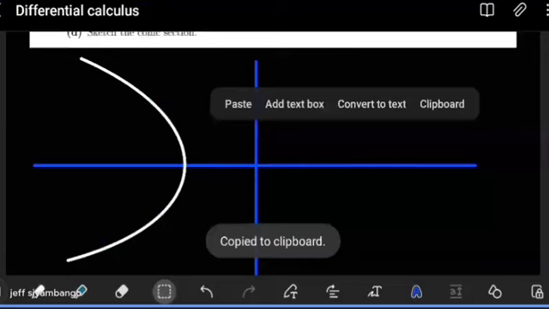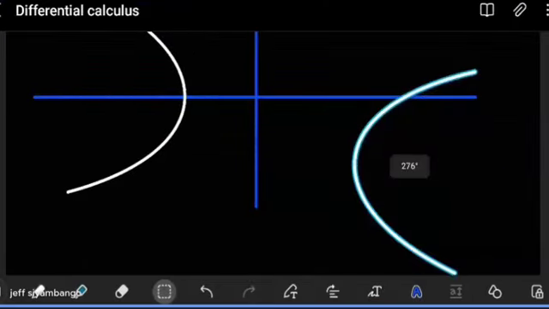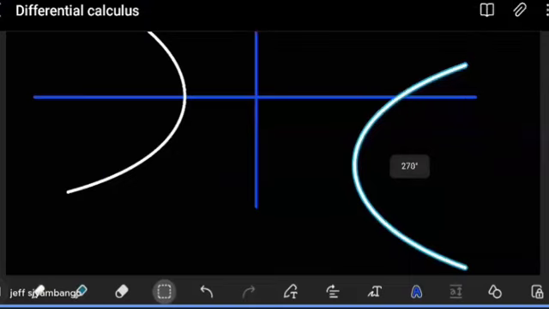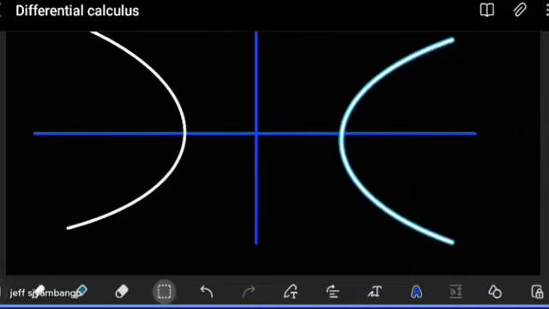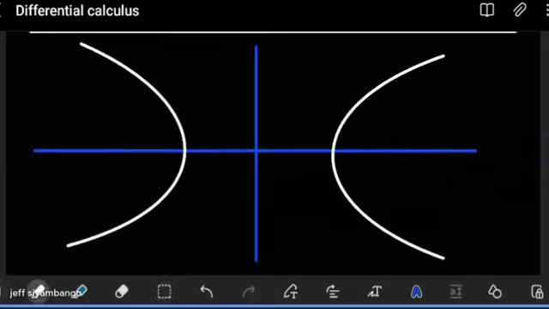One piece opens to the left, while the other one opens to the right. And then, of course, it's symmetrical. So here, the line of symmetry, the main axis, is the x-axis. And it's symmetrical about the x and also about the y. Okay, so something like this.